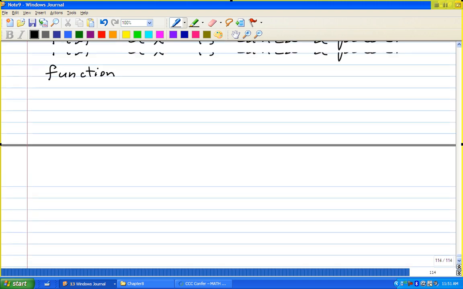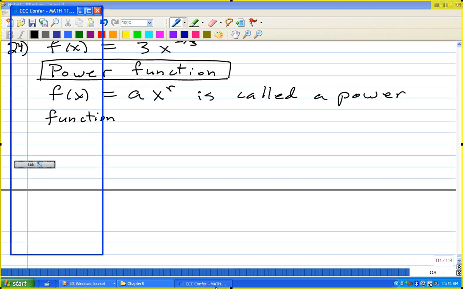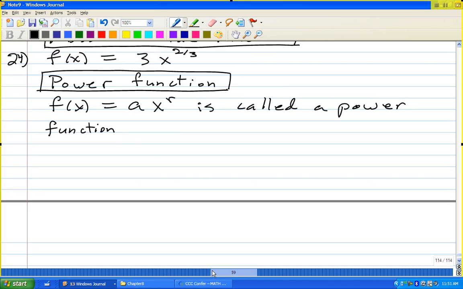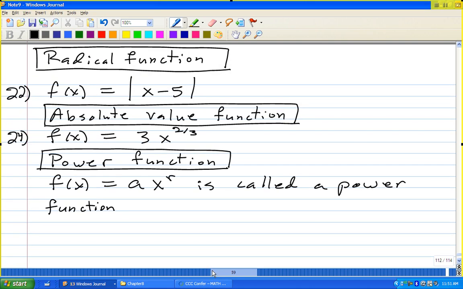Let me do, oh, polynomial. Sure. What's the difference between a polynomial and a power function? Well, two things. For a power function, this exponent could be any sort of power. For a polynomial, it has to be a whole number exponent.